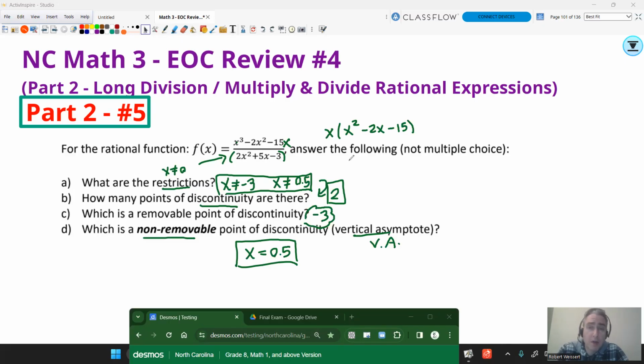And then on the denominator, that's going to be an AC method. So we'll have to do a little bit more involvement with that one. But for AC, you want to multiply a times c. So 2 times -3 is going to be -6. And we want to think about two numbers that multiply to -6 and add to the middle number.